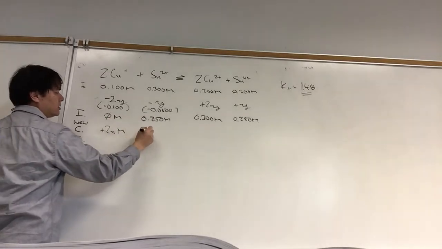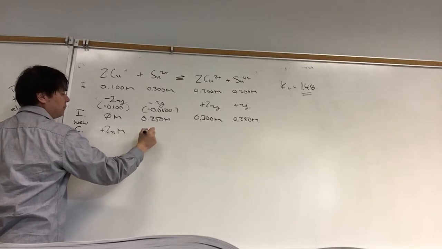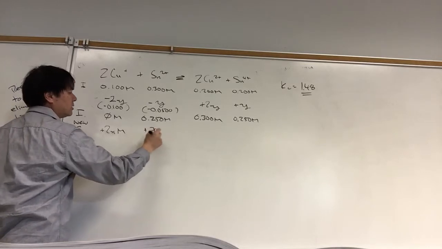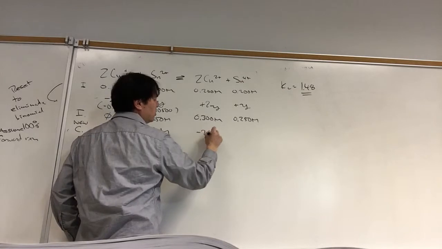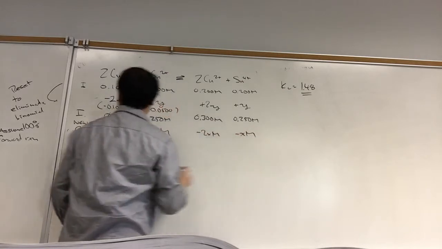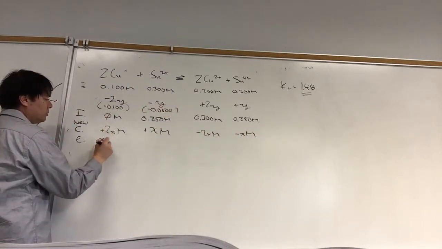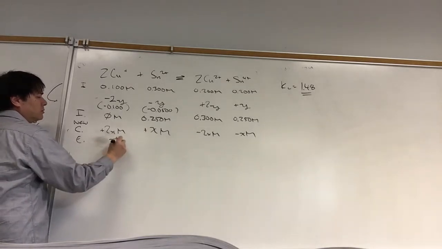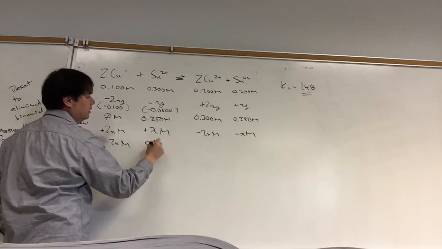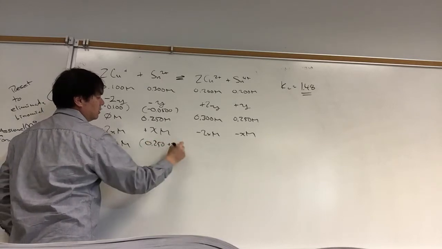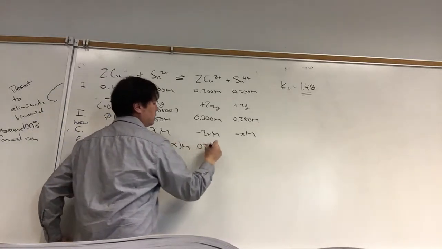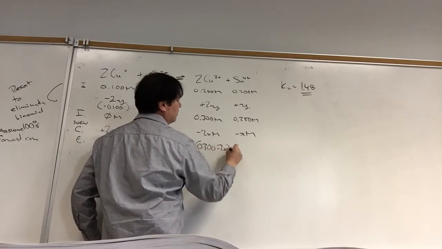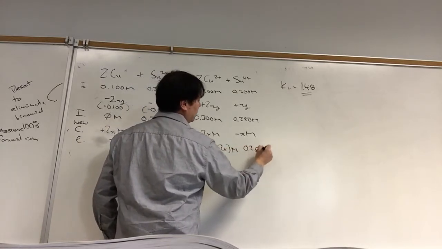And so this will be a plus, plus, minus, minus scenario. And so this will be plus x molar, minus 2x molar, minus x molar. And so at equilibrium, I'm going to have 0 plus 2x, or just 2x. So just 2x molar, 0.250 plus x molar, 0.300 minus 2x molar, 0.250 minus x.